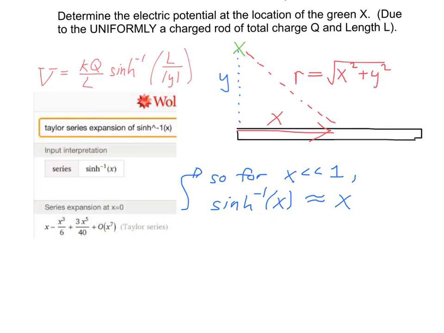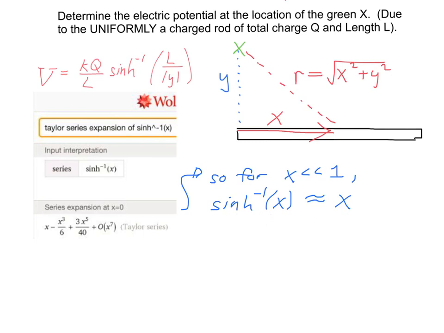Now consider this. x here is just any argument of this hyperbolic sine function. In the problem we have at hand, that argument is L divided by y. So in our limiting case, for really, really large y compared to this length L, this argument of the hyperbolic sine will be a number much, much less than 1, applicable to this approximation here.